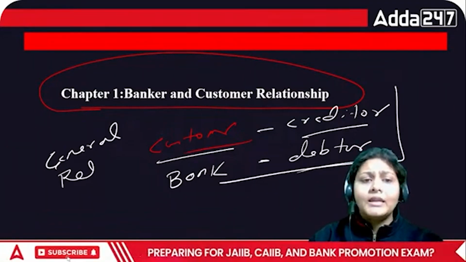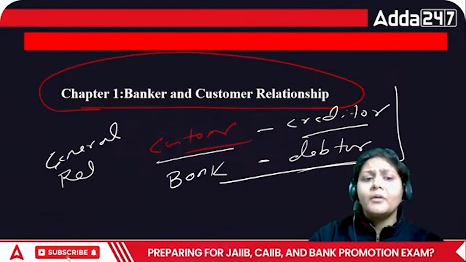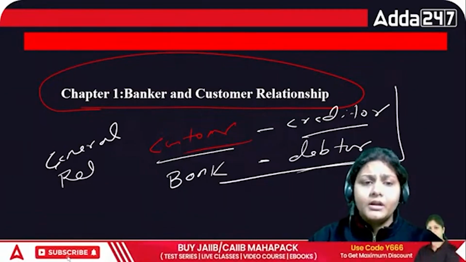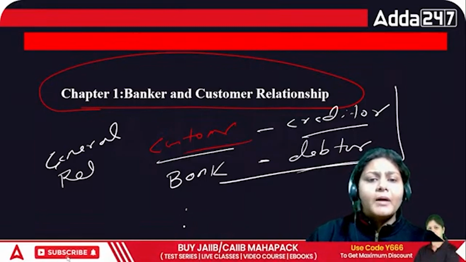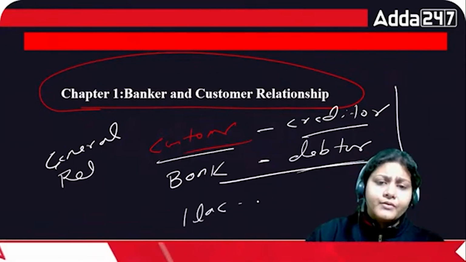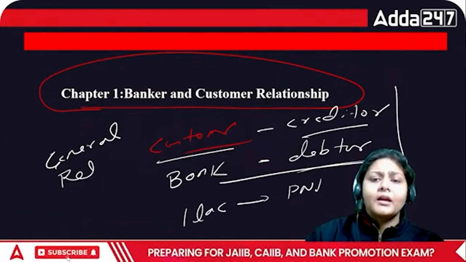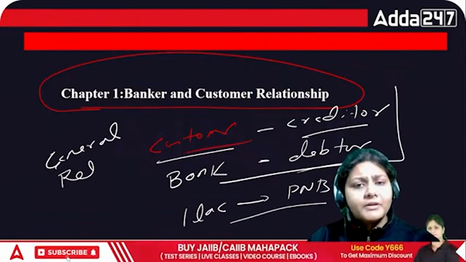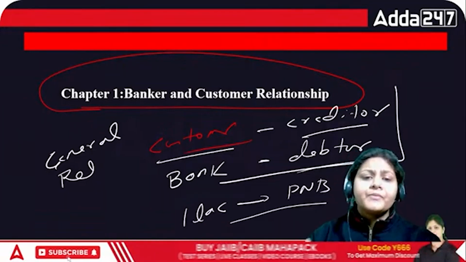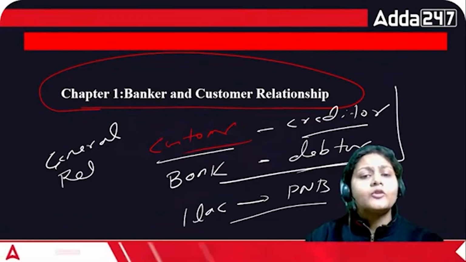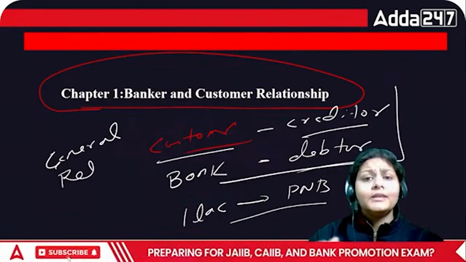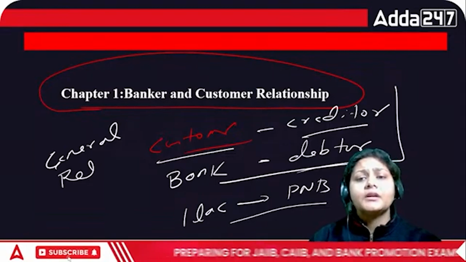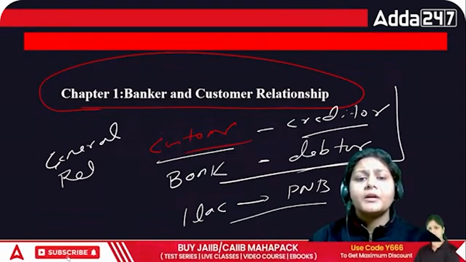Now the bank can utilize that amount in the way they want. I have deposited my 1 lakh rupees with the Punjab National Bank. This is the general relationship: I have opened my account and deposited 1 lakh rupees, so I became the creditor and the bank became the debtor.